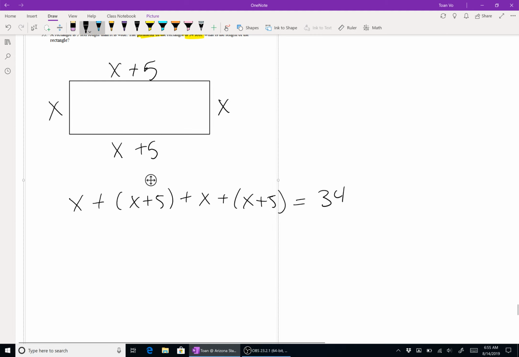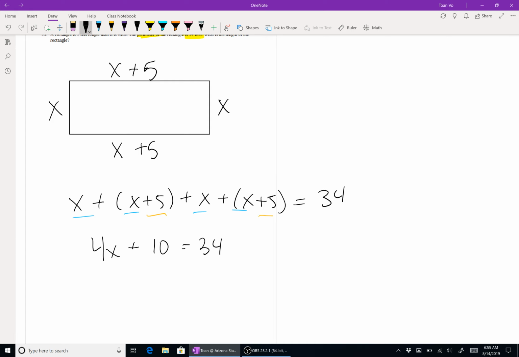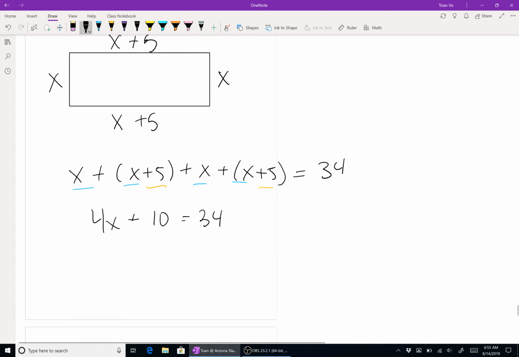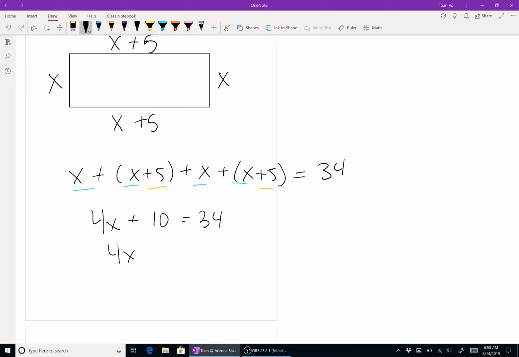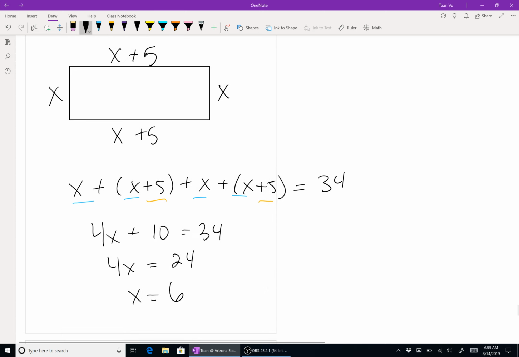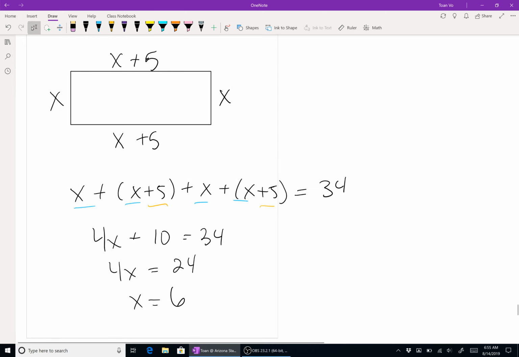Let's combine like terms. X and x, so that's 4 x's. Plus 5 and 5 is 10. Equals 34. And that's just a simple equation to solve. So subtract the 10. Divide by the 4. X equals 6. But we got to be careful. In our picture, we said x was the width, right?